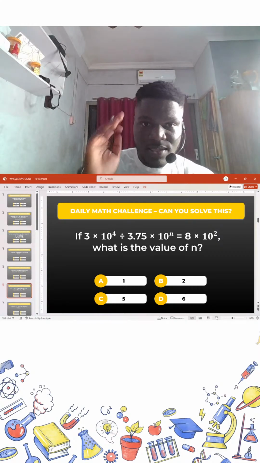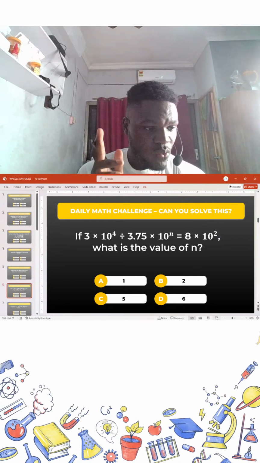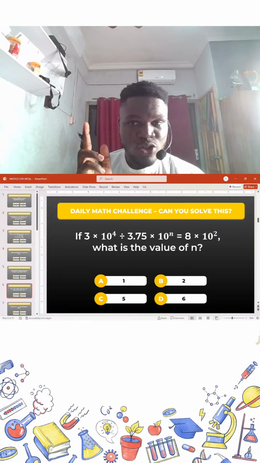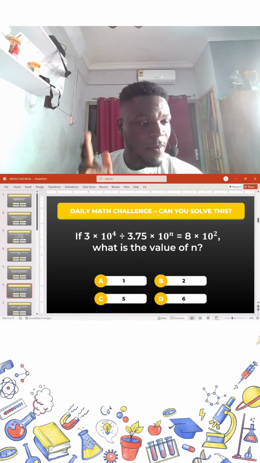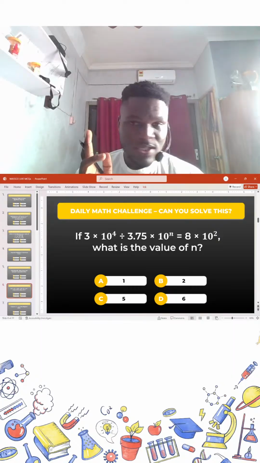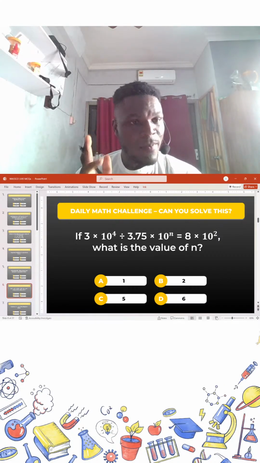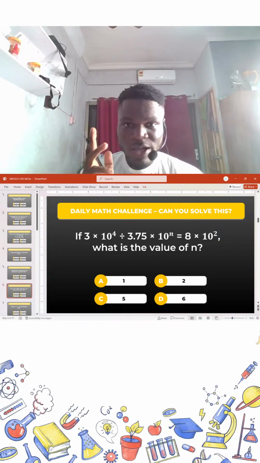All right, so I just noticed a slight error with the problem. The 8 times 10 raised to the power 2 is supposed to be 8 times 10 raised to the power negative 2. So let's correct that.